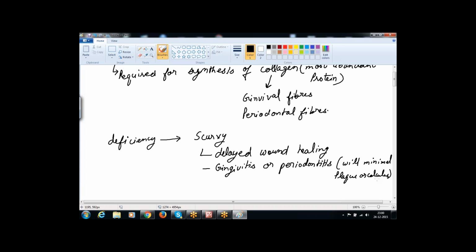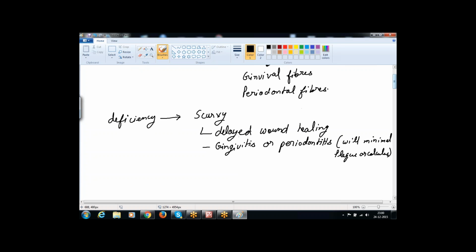So even if plaque or calculus is minimal, still the gingiva will be inflamed. There can be periodontitis, there can be pockets. Gingivitis usually presents with bleeding on probing, so gingival bleeding can be there.